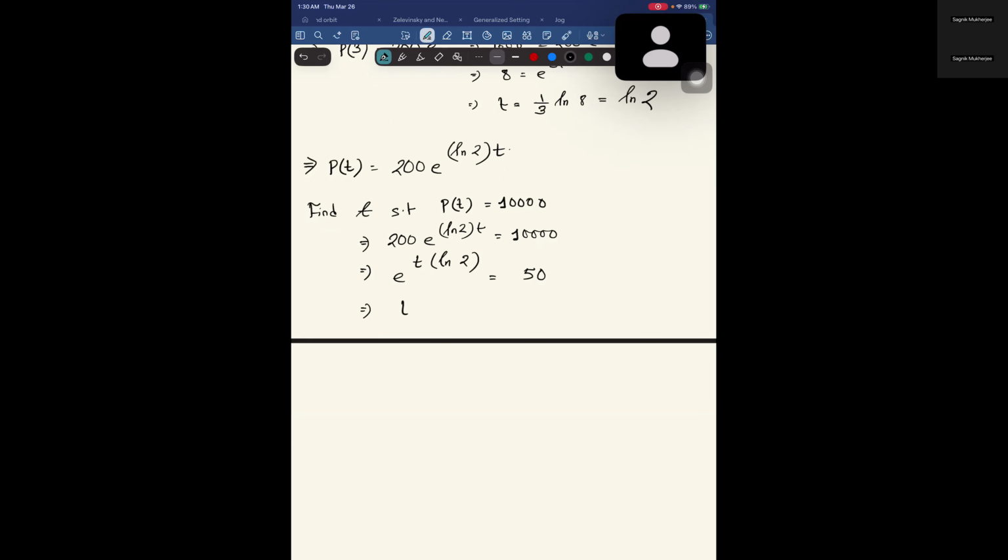So that means t log 2 is log 50, meaning t is log 50 over log 2. Now find this out.